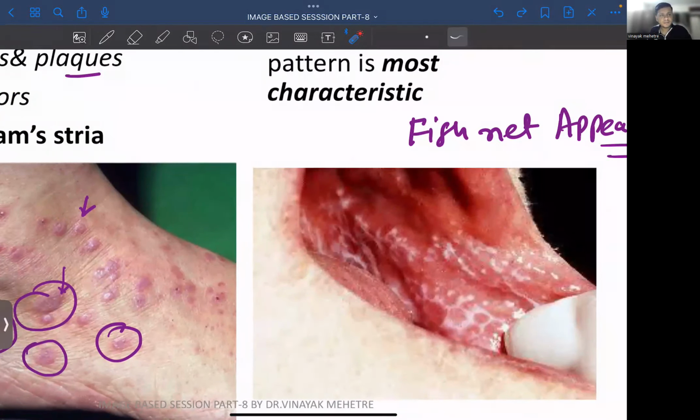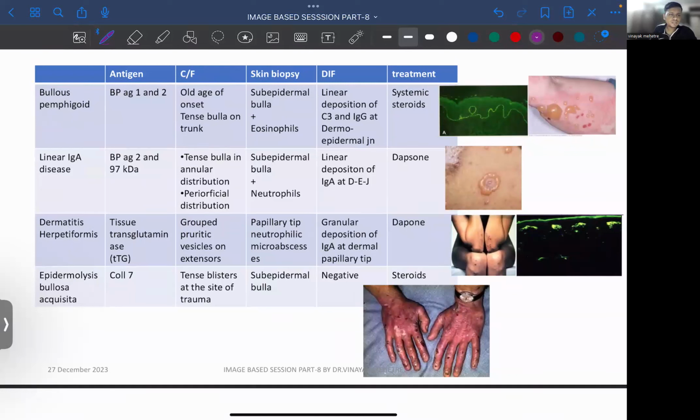But on immunofluorescence we have fishnet appearance, that is going to be seen in pemphigus. Okay, fishnet appearance is seen in pemphigus. Okay, एक वो था.